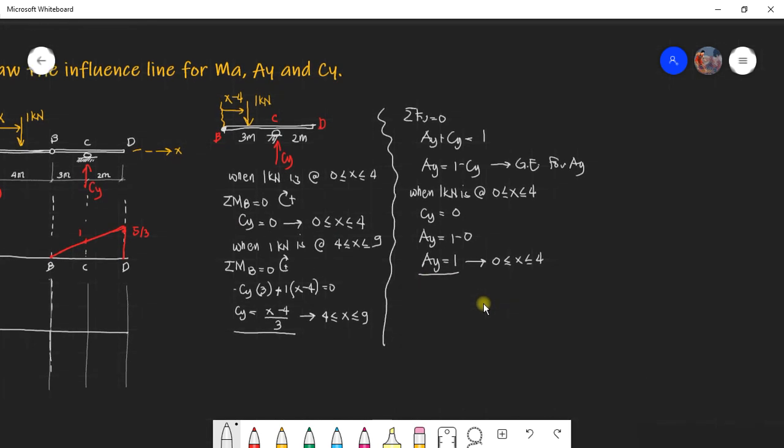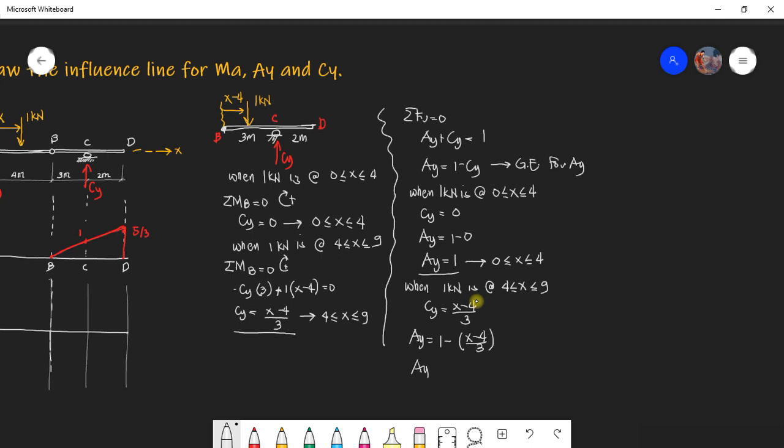Okay, next. How about when the 1 kilonewton is at greater than 4 but less than 9. Okay, the value there of Cy is actually x minus 4 over 3. So that your Ay now will be from the general equation 1 minus x minus 4 over 3.